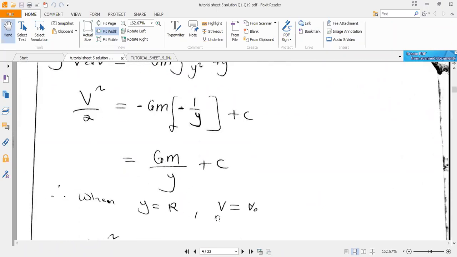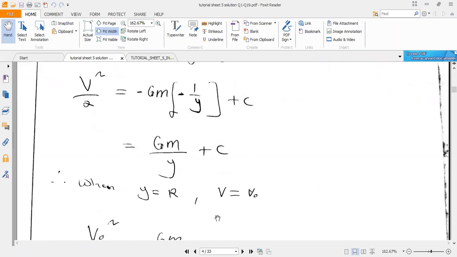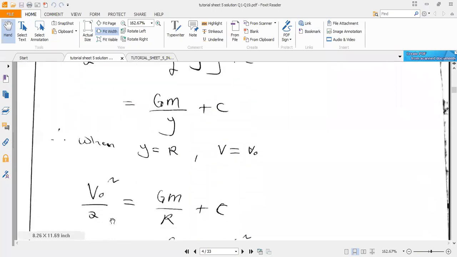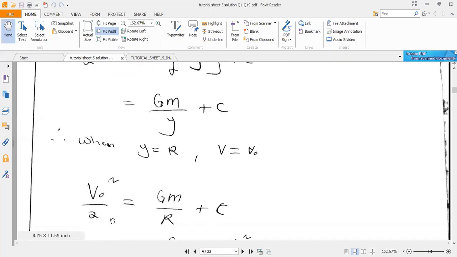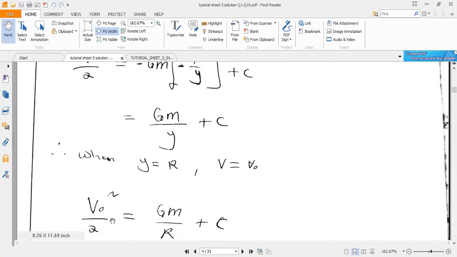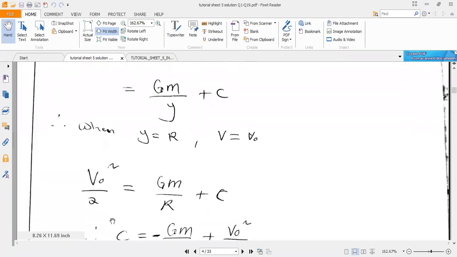So now when y is equal to r, because in the question it was mentioned somewhere, when y is equal to r and v is equal to v naught, we are going to have v naught squared over 2. Where there is v here, we put v naught, and where there is y here, we replace with r, we're going to have GM over r plus c.